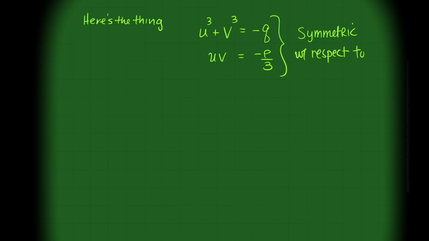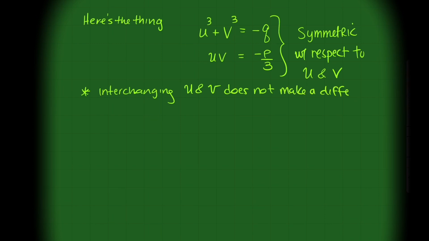These two equations are symmetric with respect to U and V. What does that mean? That means if I were to interchange U and V in the equations, it would not make a difference whatsoever. The equations would be exactly the same. So therefore, that's going to allow us to write our solution in the following way.